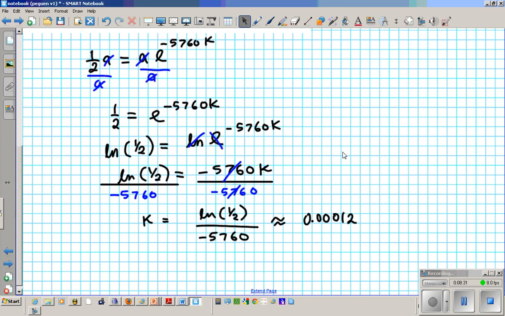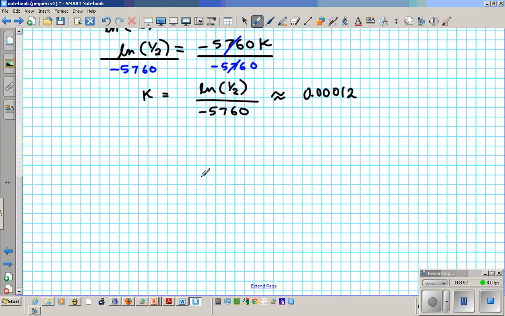Because you had 1.2 in the calculator, 1.2 e to the negative 4. So that means you're going to go forward 1, 2, 3. Oh, 4. 1, 2, 3, 4. So you have 3 zeros in front of your number. Okay? So there you have it. That's your K. So we have our K.